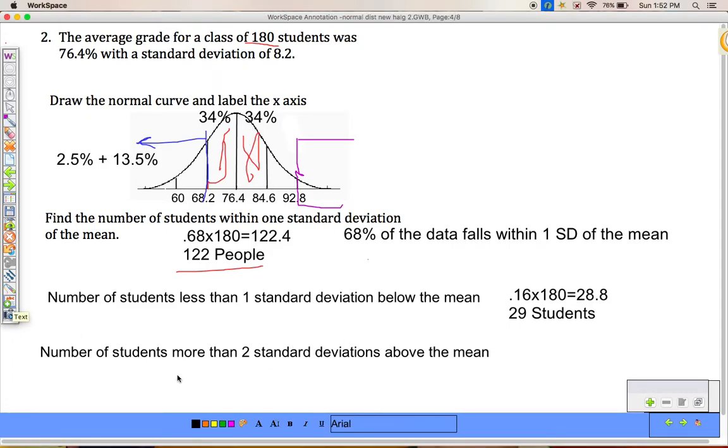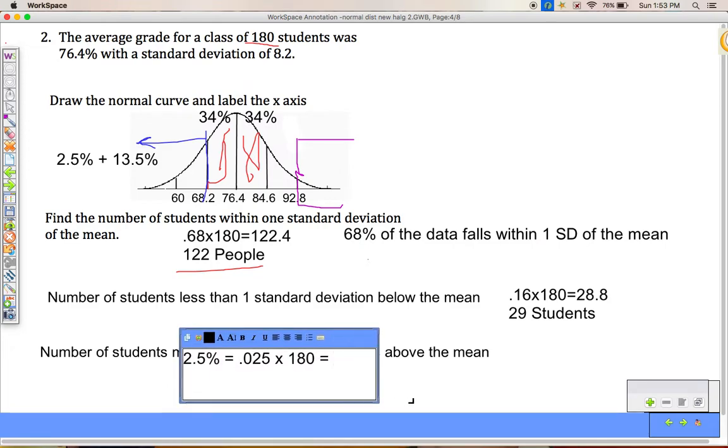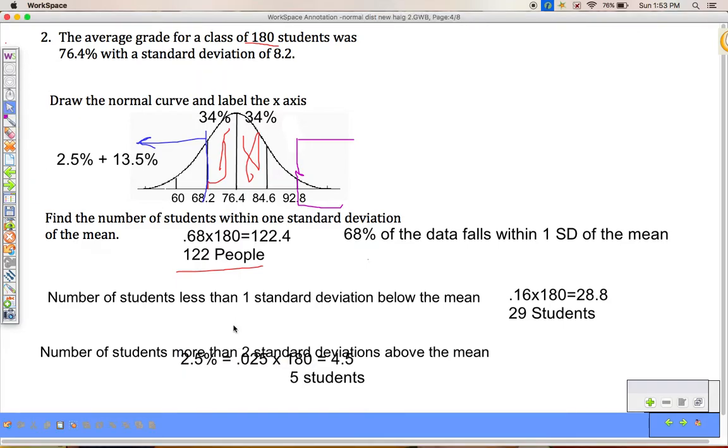So my math, 2.5% is 0.025 times my number of students, and that's going to equal 4.5, which we're going to call 5 students, because there's not much room underneath that curve.